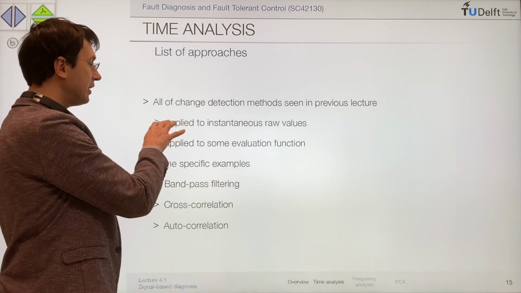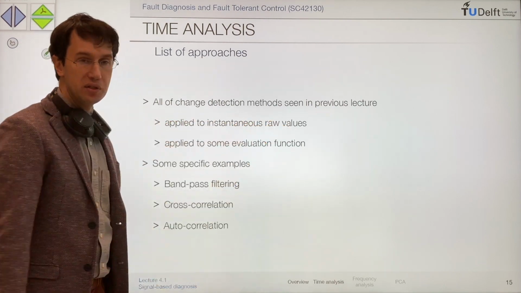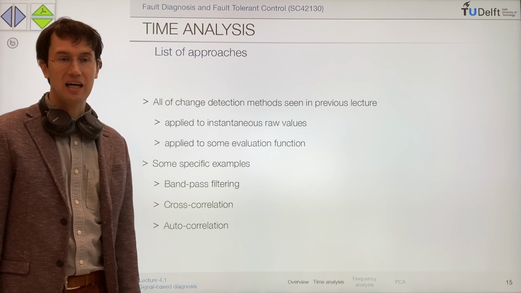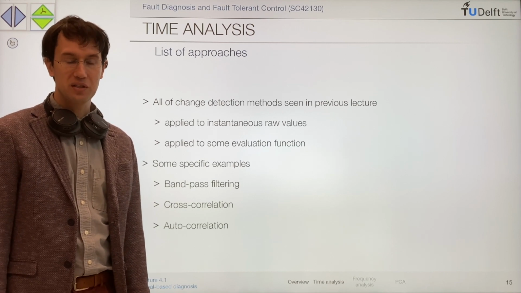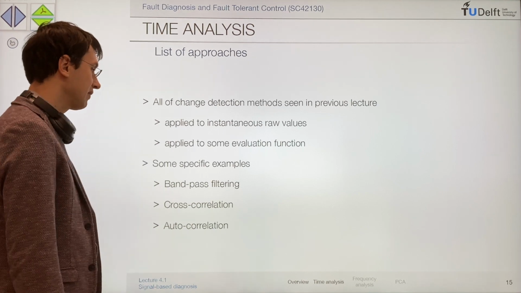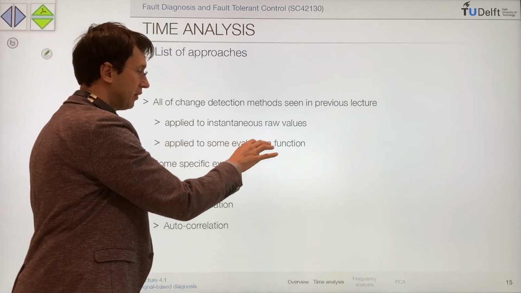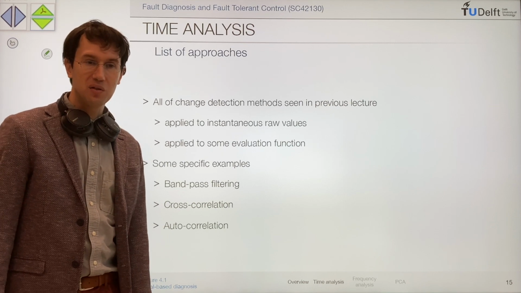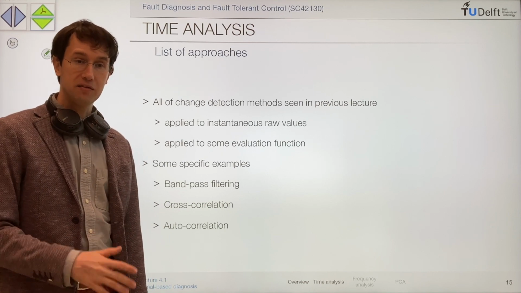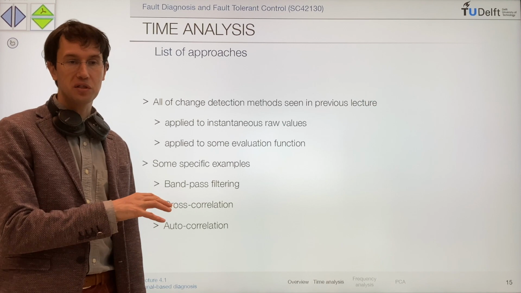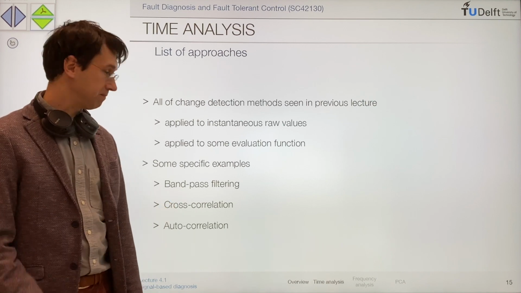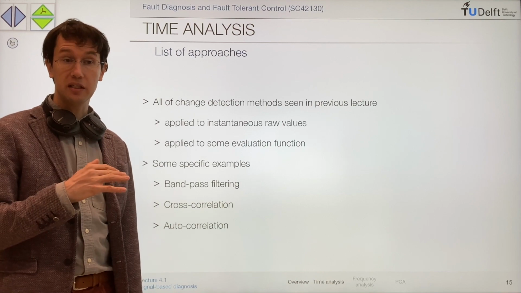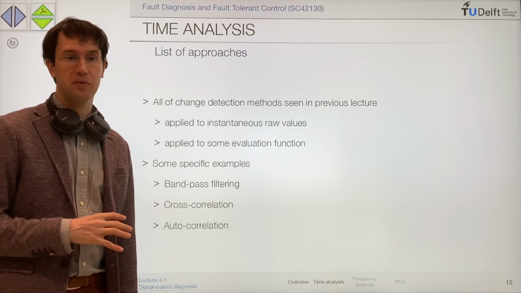And you can either apply them to instantaneous raw values, which means that your features, the one that you extract, are actually raw values, so there is no processing. Or you can apply them to some evaluation function. So we use the term evaluation function to express the function that we need to apply to raw values in order to generate features. But actually, you can generate features and then further transform them with another evaluation function.